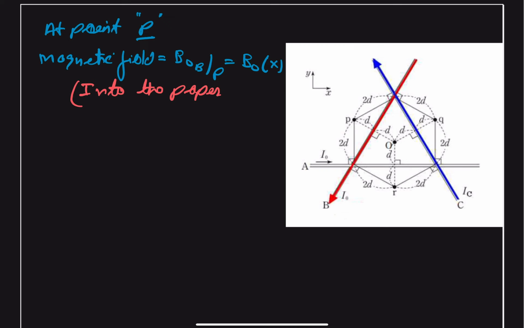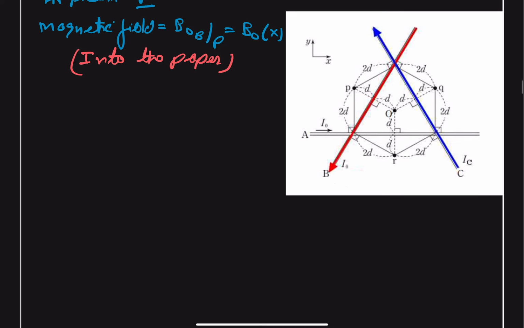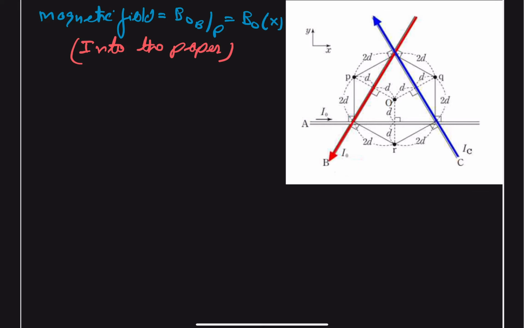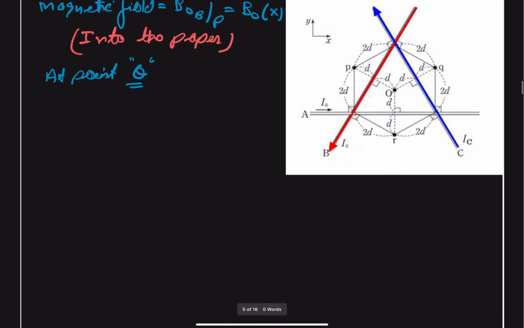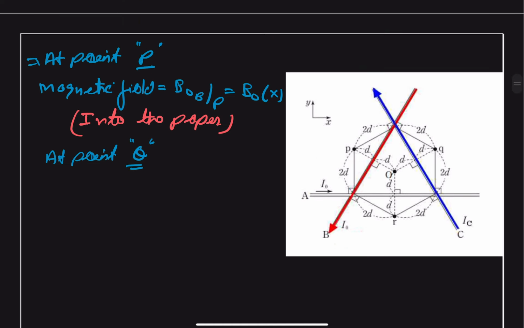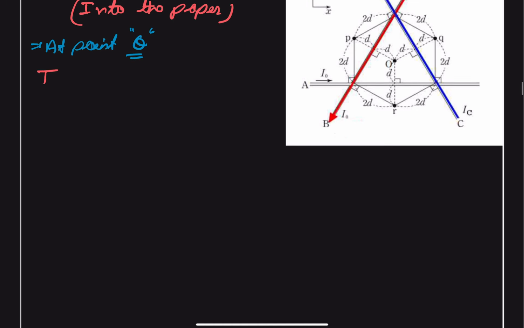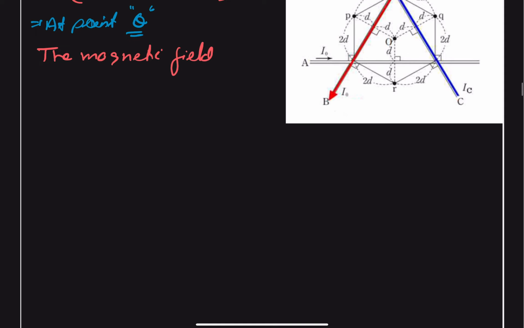Now similarly for point Q, the magnetic field B naught B at point Q will be equal to half B naught, and it will be out of the paper.